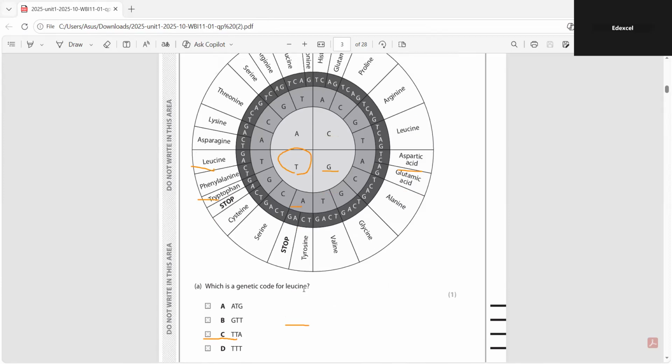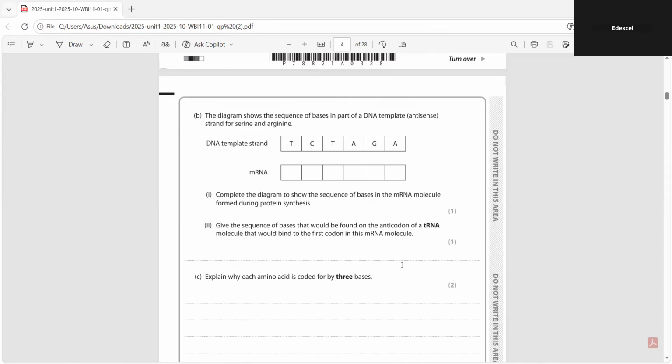So next question. The diagram shows the sequence of bases in a part of a DNA template strand for serine and arginine. The DNA template strand is already given, which is TCT-AGA, and you have to write the mRNA sequence. T pairs with A through 2 hydrogen bonds and C pairs with G through 3 hydrogen bonds.